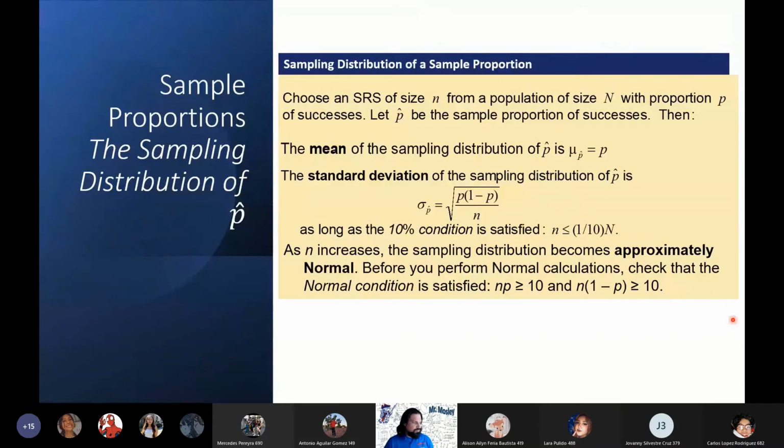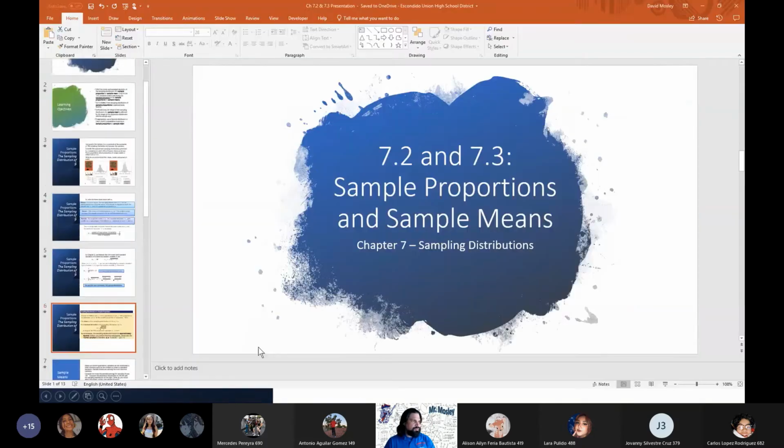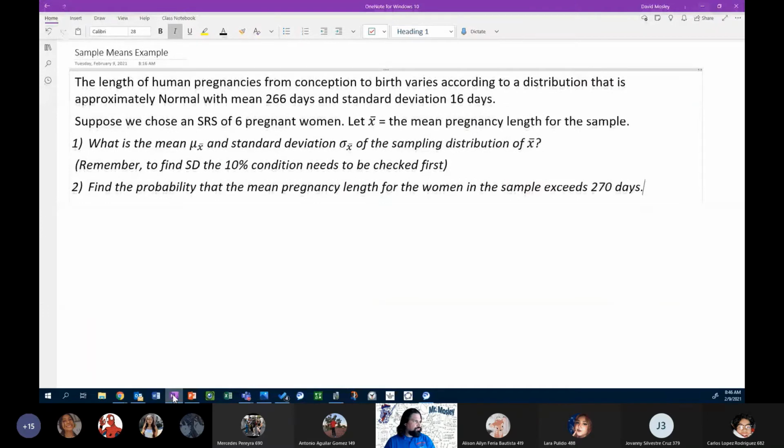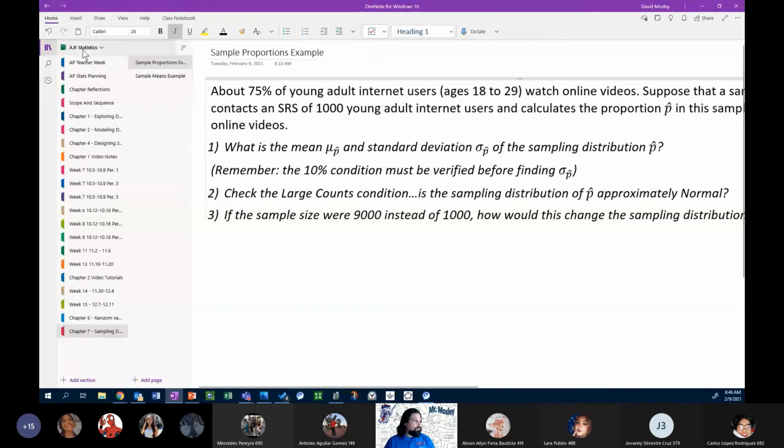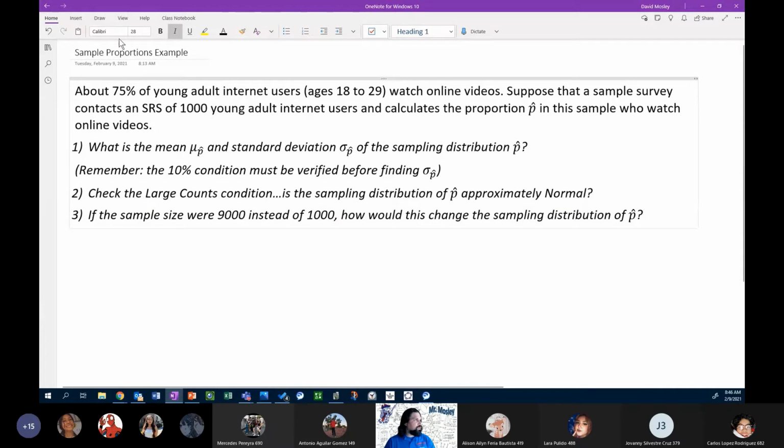All right, so now we're going to look at some examples. Here we go. This is our example for sample proportions. About 75% of young adult internet users, age 18 to 29, watch online videos.